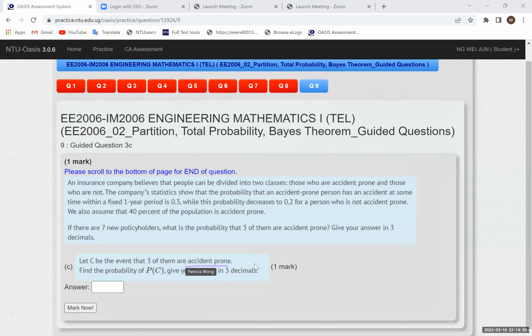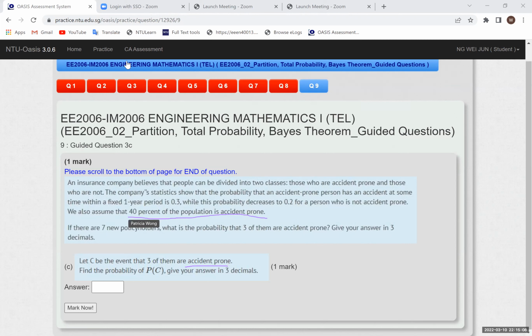Okay, so that means accident prone is like success, because it's accident prone or not accident prone, right? They say people are divided into 2 classes, accident prone and not accident prone. The probability that one is accident prone is 40%.